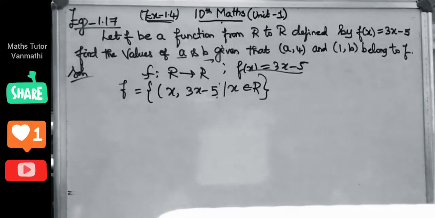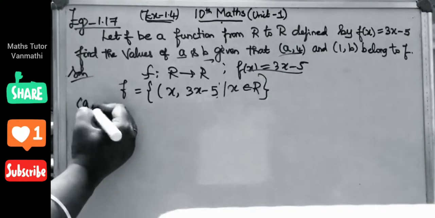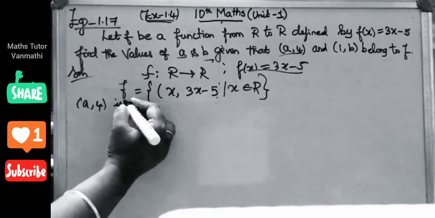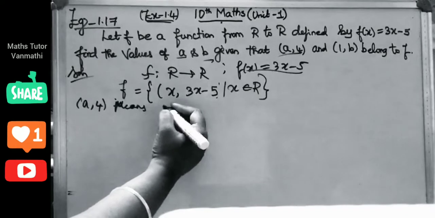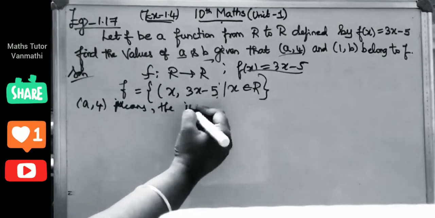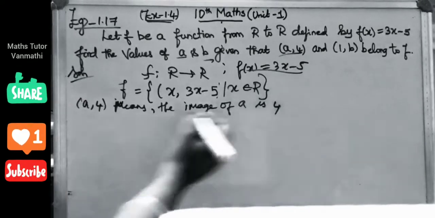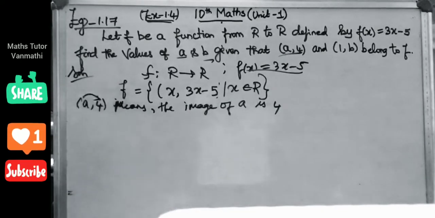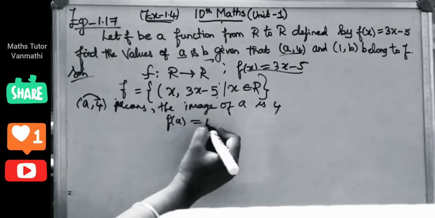Next, first we are taking (a, 4). That is, (a, 4) in f means the image of a is 4. So f(a) equal to 4.